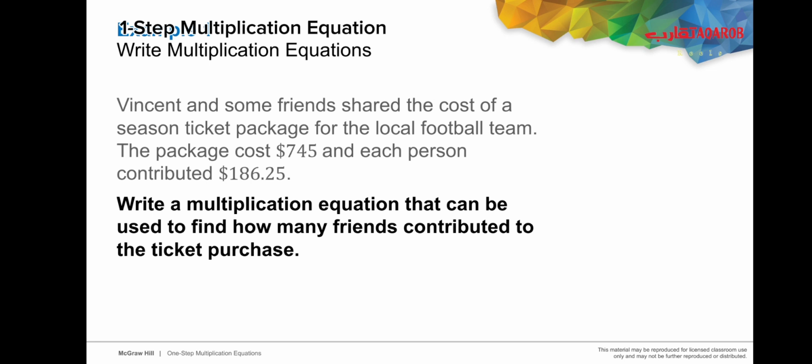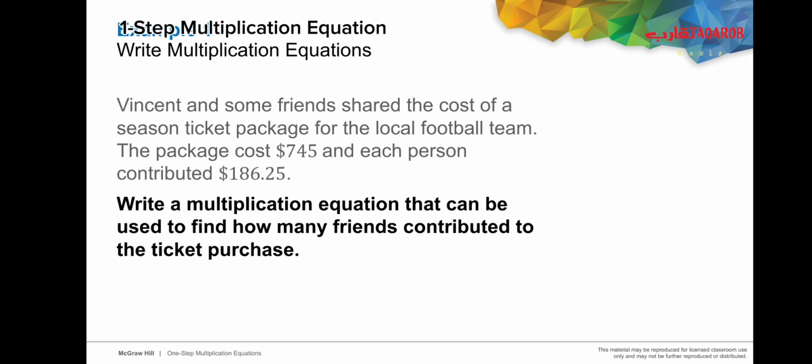Now I know that each person will pay $186.25, and I know that the total cost, all of them together, will be $745. How can I find the total cost? By multiplying the price of each ticket by the number of persons.